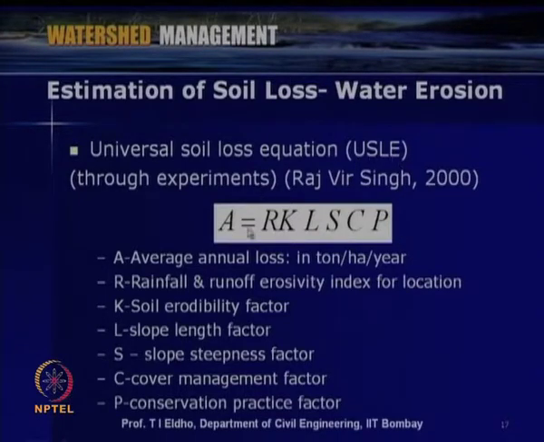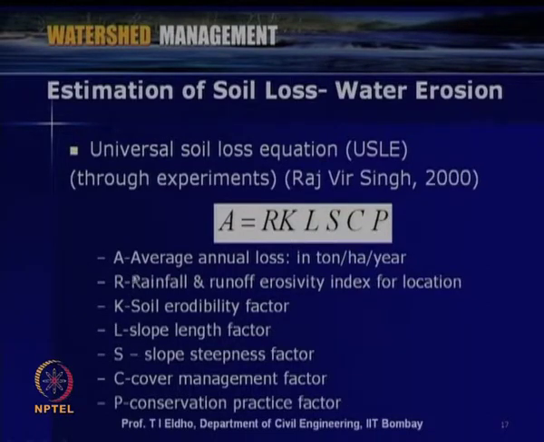But the basic equation is a relationship connecting the average annual soil loss with R, the rainfall and runoff erosivity index for the geographical location we consider, K the soil erodibility factor, L the slope length factor, S the slope steepness factor, C the cover management factor, and P the conservation practice factor.